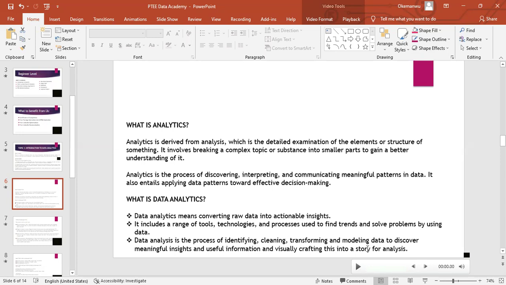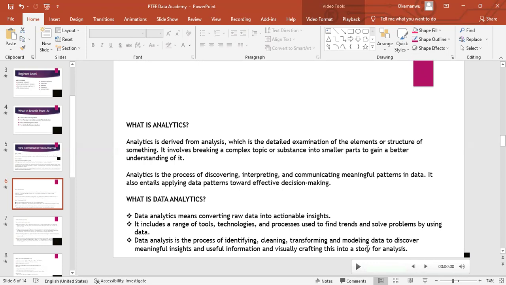Basically, the essence of data analytics: someone can ask you, or you might be thinking, what is the need for this particular skill? What is the need for data analytics? There's no other need for data analytics other than discovering hidden patterns in data. It could be in your business, it could be in your workplace, it could be anything, but discovering hidden patterns, discovering trends, what has happened over time, and how it is going to happen this time.